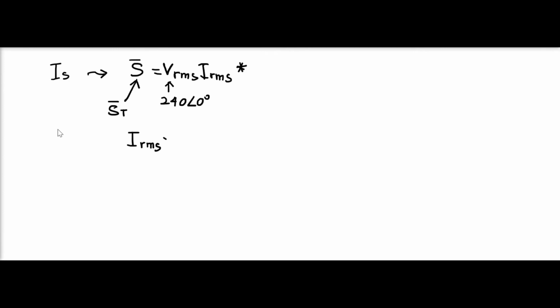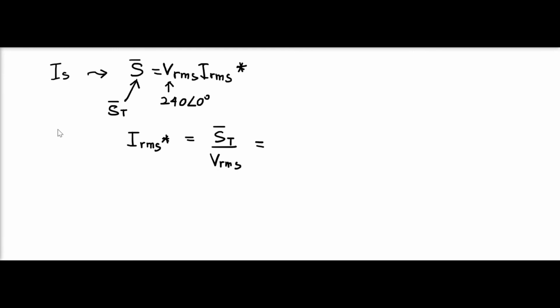For IS, we must use the formula of complex power, V RMS times I RMS conjugate. The V RMS given in the question is 240 angle 0, and this complex power comes from the total complex power that we got before. So I RMS conjugate equals S total over V RMS.